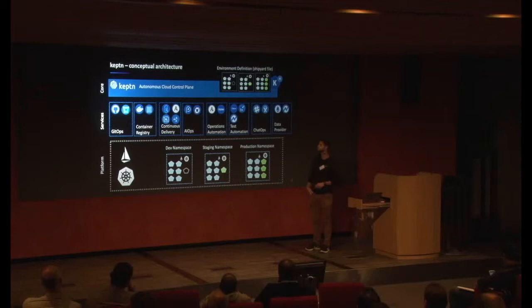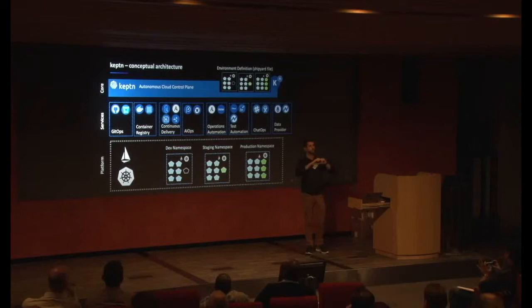But let me just show you a little bit of the architecture, how we built this and how different services come into play here. So we can think of Captain like a control plane in your continuous delivery journey. Captain takes as an input a shipyard file, and in this shipyard file it is defined how your different stages would look, like development, staging, pre-production, production, or whatever stages you have in your organization, and which kind of tests have to be passed when you go from one stage to the other.